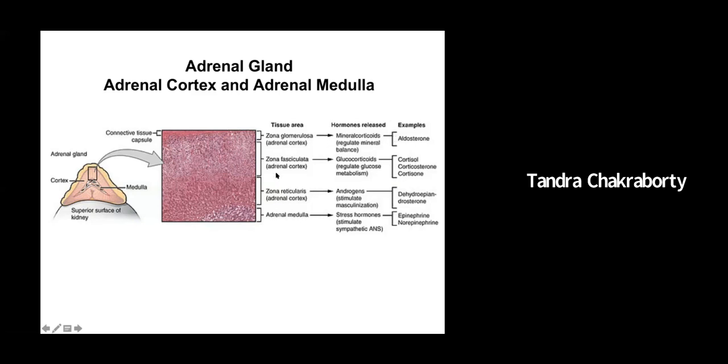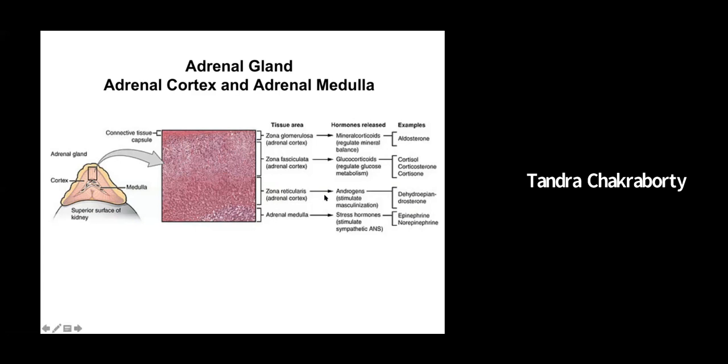Next to it is the zona fasciculata. The zona fasciculata produces hormones which are known as glucocorticoids, and the main hormone produced by it is cortisol. Okay, and we'll learn why and how important cortisol is in our life.